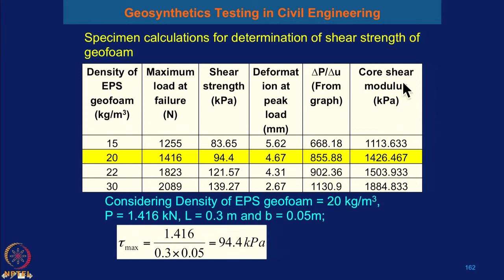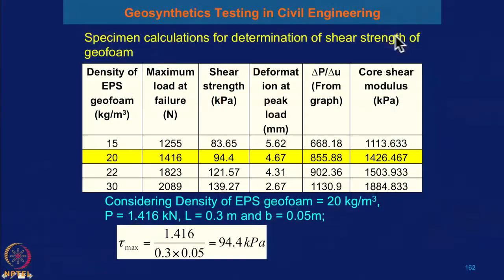And you can determine the core shear modulus using the earlier equation. The core shear modulus value for 15 density is 1113.633, for 20 density 1426.467, for 22 density 1503.933, and for 30 density 1884.833.